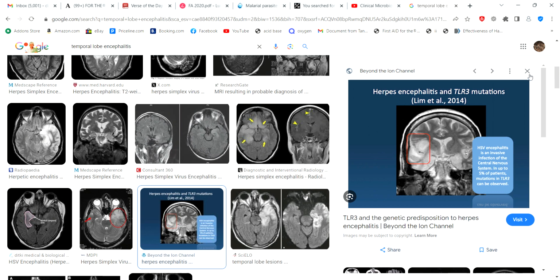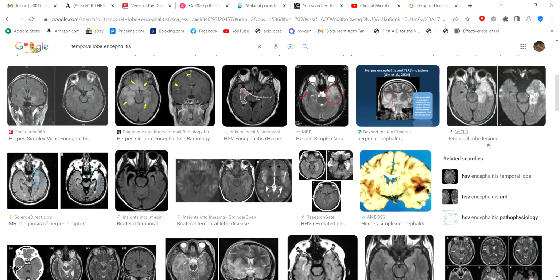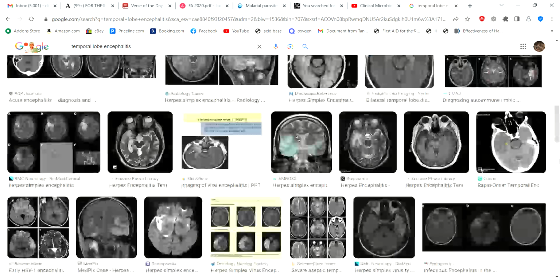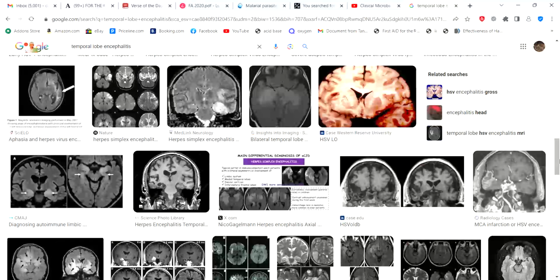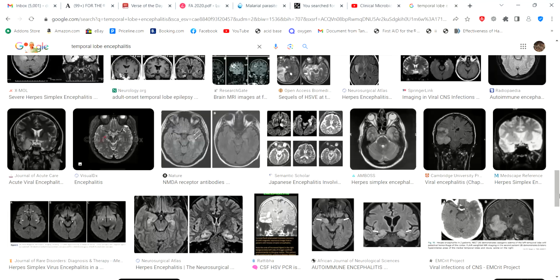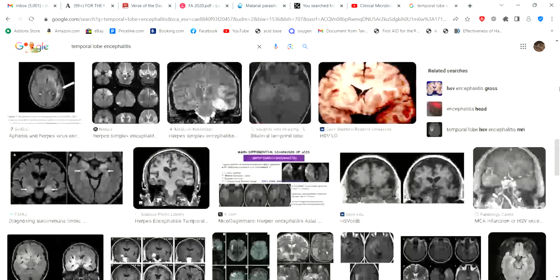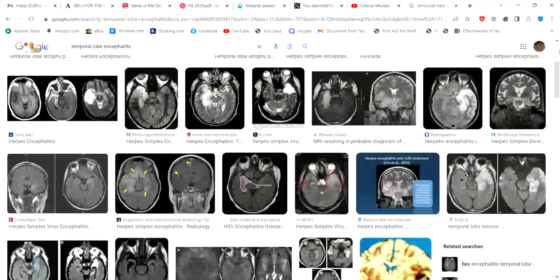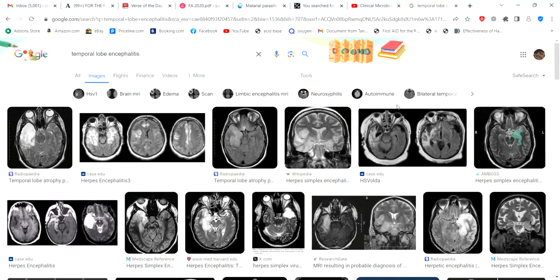Babies can get this if somebody with a cold sore comes and kisses your newborn, because they don't have an immune system to fight it. So if somebody with a cold sore kisses your newborn when they come to see the baby, the baby can get temporal lobe encephalitis.